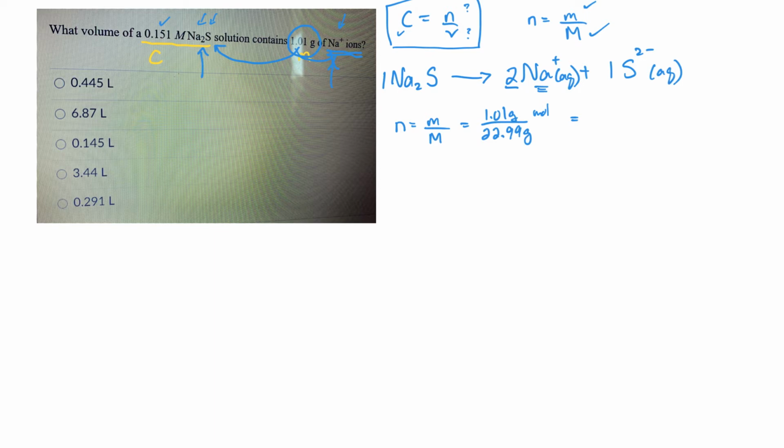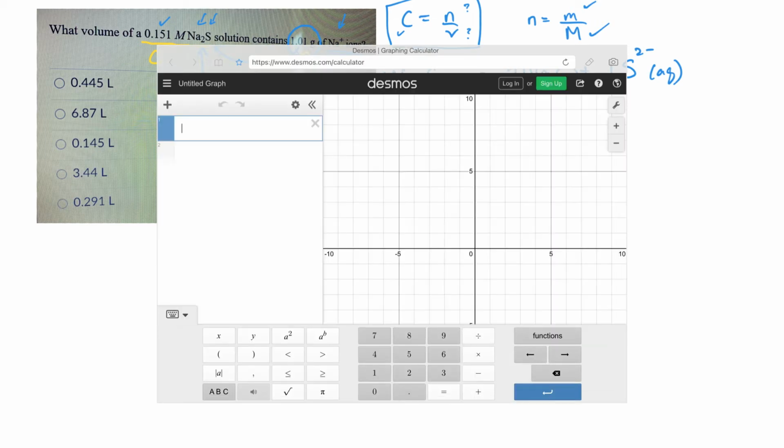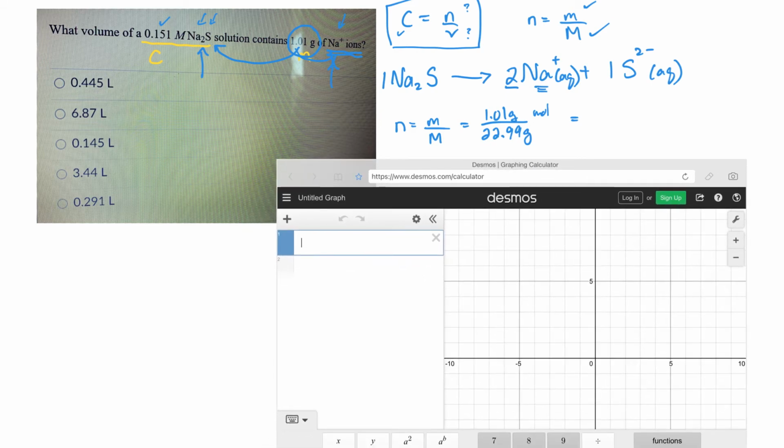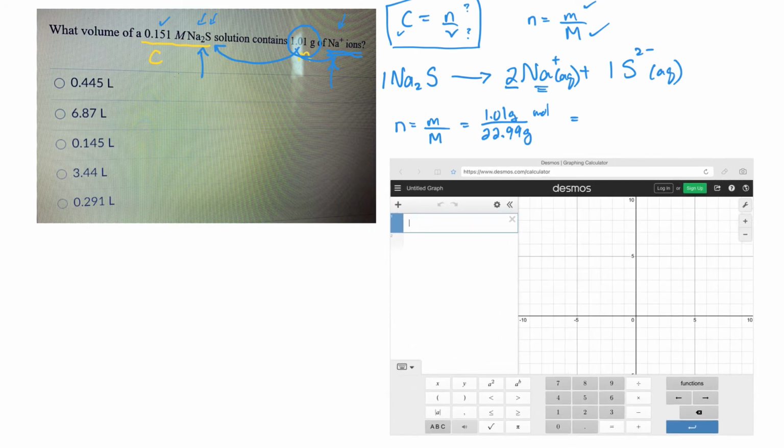Okay, calculator. So I go 1.01 divided by 22.99. That's 0.0439, etc. moles of sodium ions.